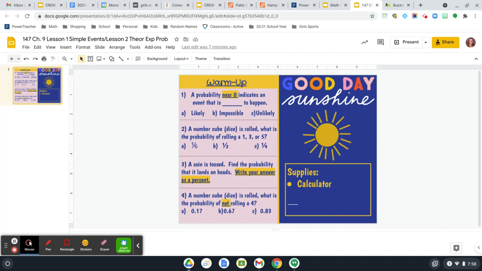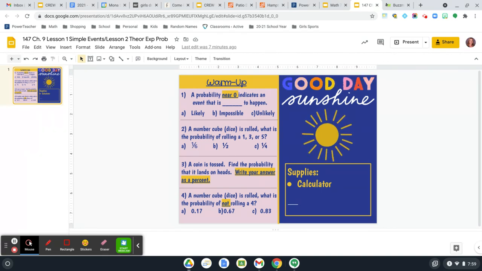Number 4, a number cube, dice again, is rolled. What is the probability of not rolling a 4? Once again, just like number 2, you have 6 numbers on a number cube. If you are not going to roll a 4, that means you have 5 other numbers on that number cube. So the probability of not rolling a 4 would be 5 out of 6.